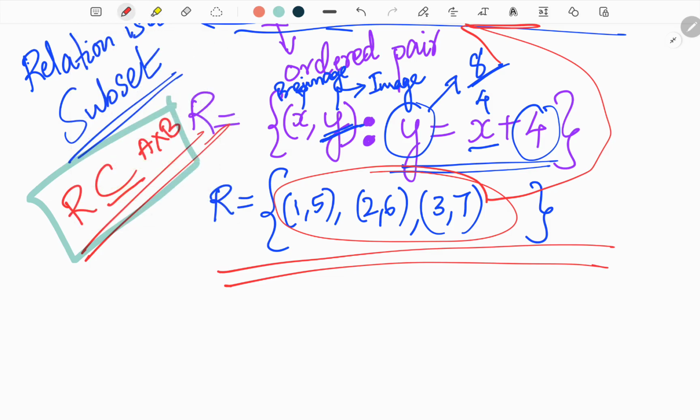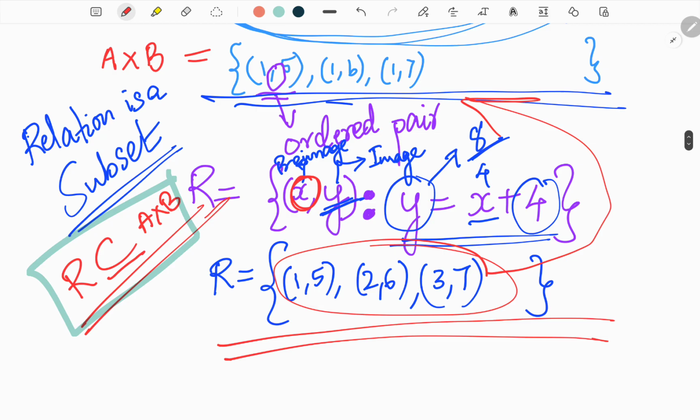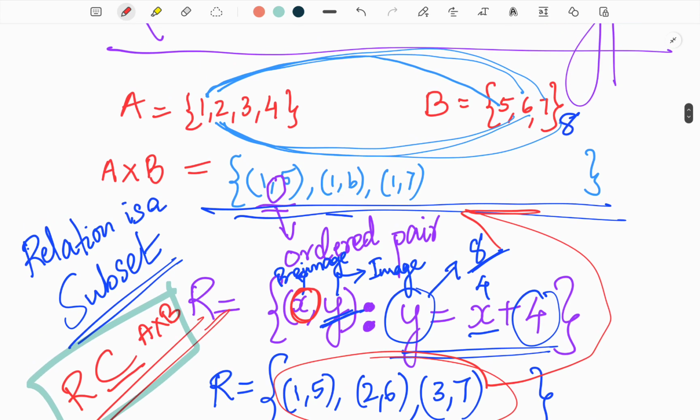Now let us learn the domain, range and codomain of a relation. Again, this is something which you have already learnt in grade 11, but I am just giving a brief recap. The set of all the first elements in the relation is known as the domain. So all the x values, the set containing all the x values, is known as the domain.